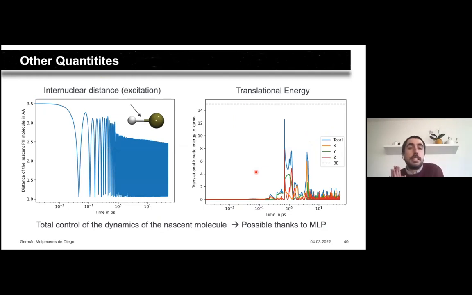But these are not the only things that we can study using these techniques. We can take a look at almost everything. We have total control to study the dynamics of a nascent molecule using machine learning potentials. So we can, for example, take a look at how the internal vibrational energy evolves over time, which allows us to give information on what is the expected vibrational state of this molecule when it leaves the surface after chemical desorption.